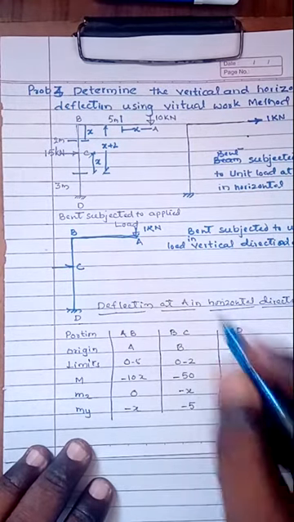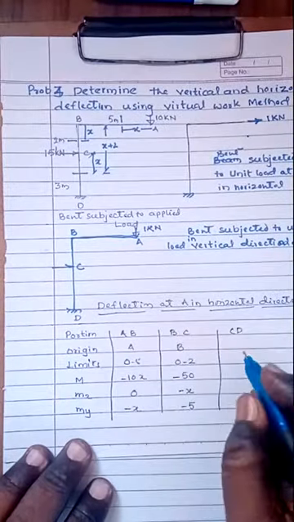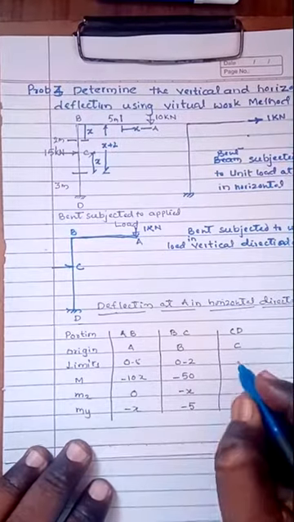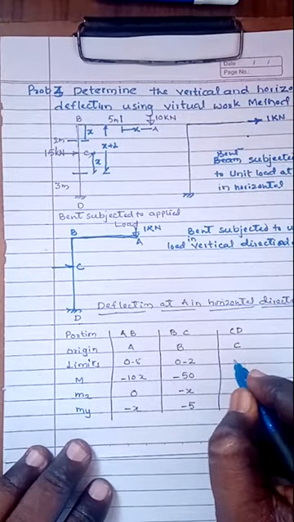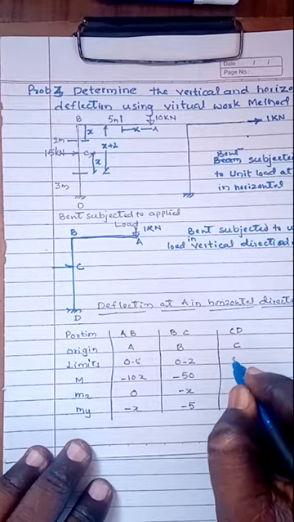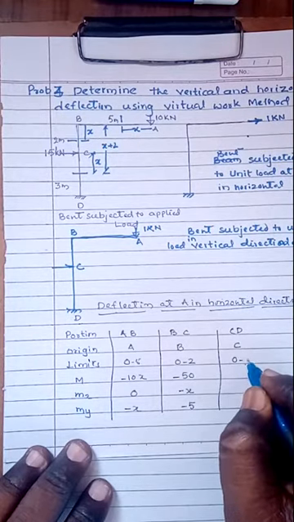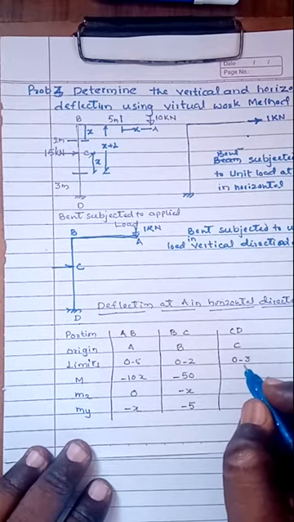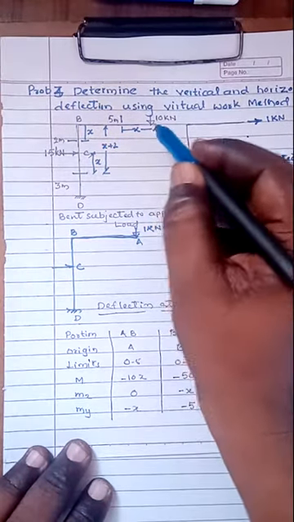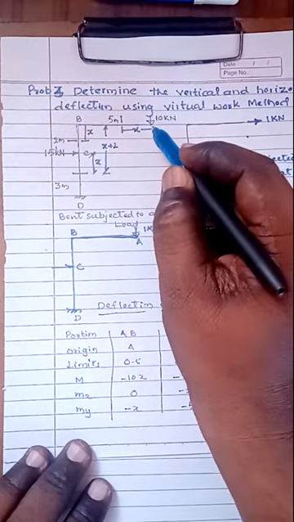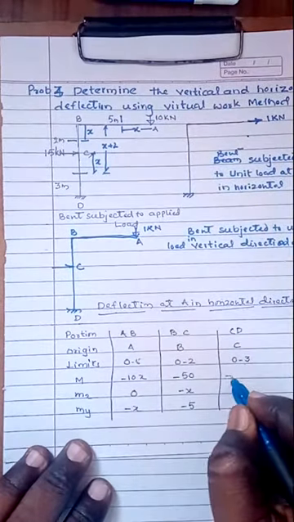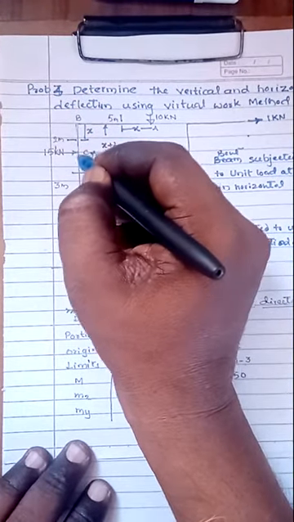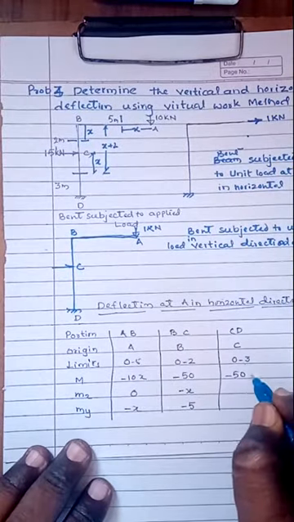Then in the third portion C to D, C is the origin. We consider a section at a distance of x from C, where x is the only variable, and x varies from 0 at C to 3 meter at D. The bending moment due to the applied load: 10 into 5, that is minus 50, and the point load of 15 kilonewton gives 15 into x, that is minus 15x.